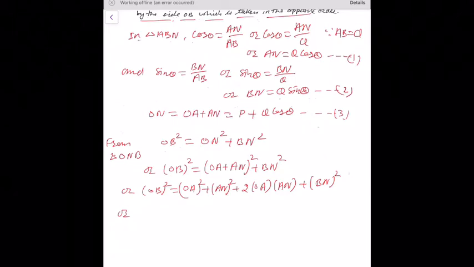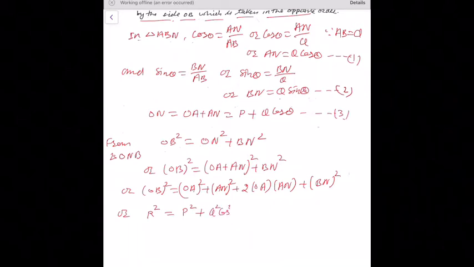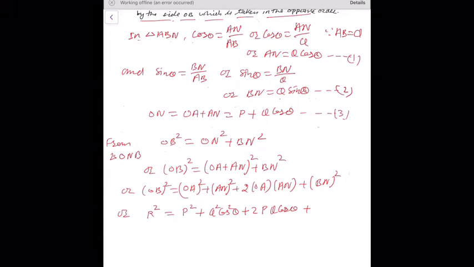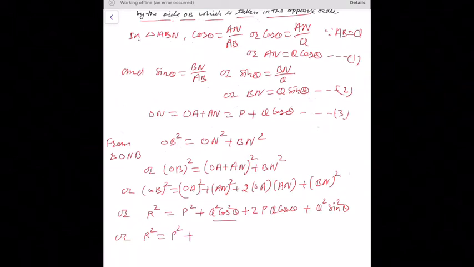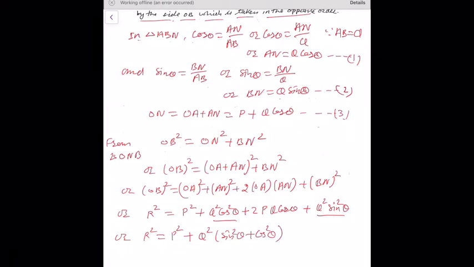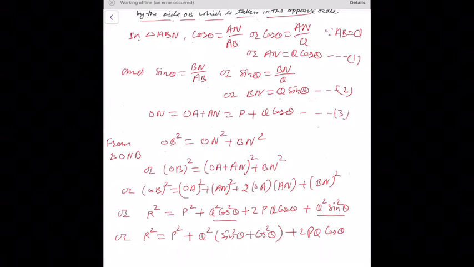or OB from figure R square, and OA P square plus from equation first AN Q square cos square theta plus 2 OA P and AN from equation first Q cos theta plus BN square from equation second Q square sin square theta, or R square equal to P square plus, here Q square common, so Q square sin square theta plus cos square theta plus 2PQ cos theta.